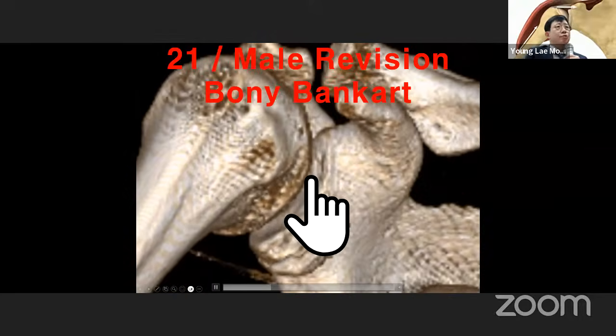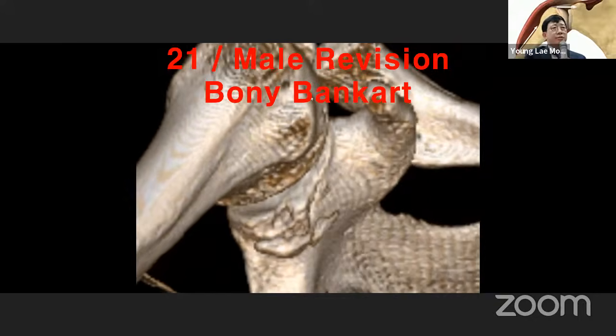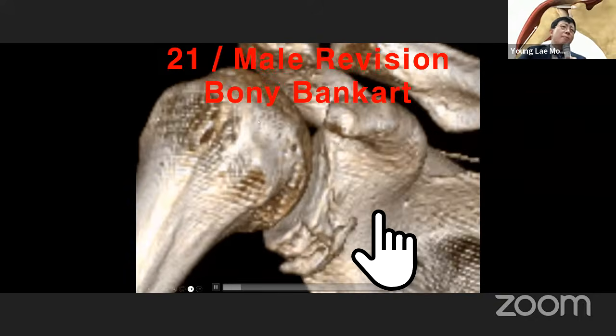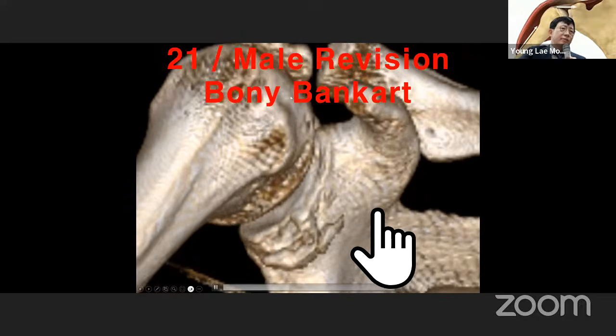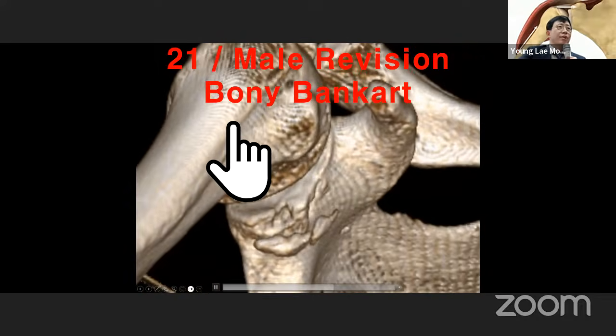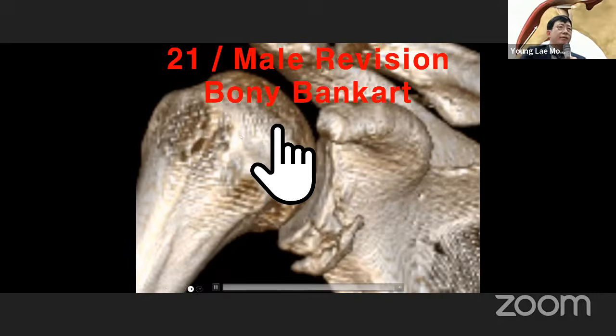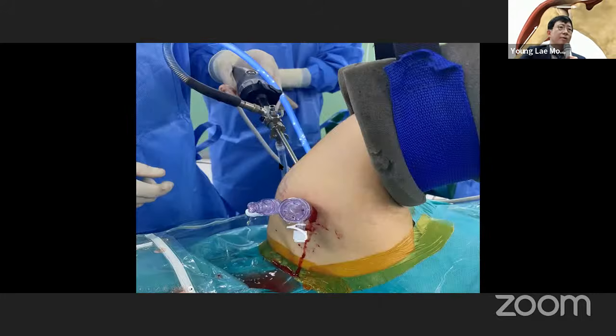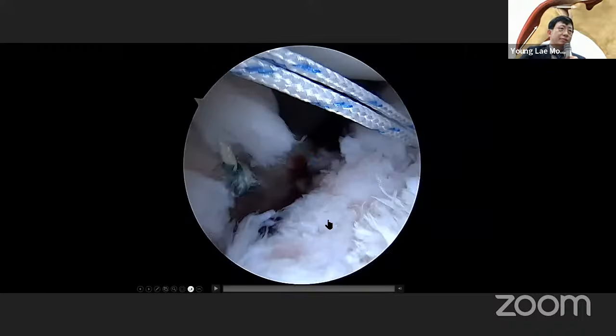The other issue is bony Bankart lesion. Bony Bankart is a very common case in young patients. So this is a 21-year-old male with revision bony Bankart. As I told you before, 1 posterior portal, 2 anterior portals for the working and repairing process.